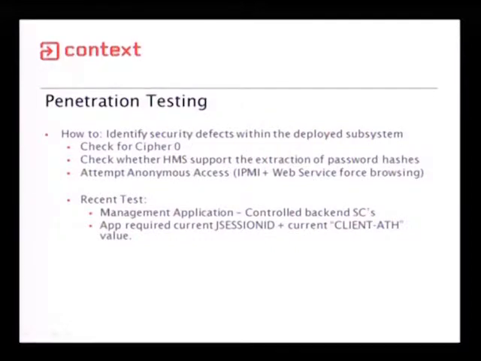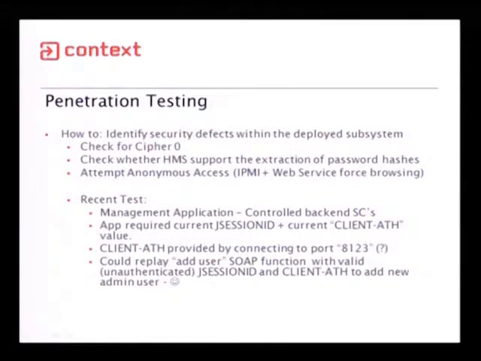It just wasn't authenticated. We could get clientAuth via a port scan. Funny enough, in this case, the clientAuth string was just squirted straight back to you when you connected to port 8123. Don't ask me why. I have no idea. We never managed to resolve that one. But that basically gave us the two credentials we needed to go and have a play with it.